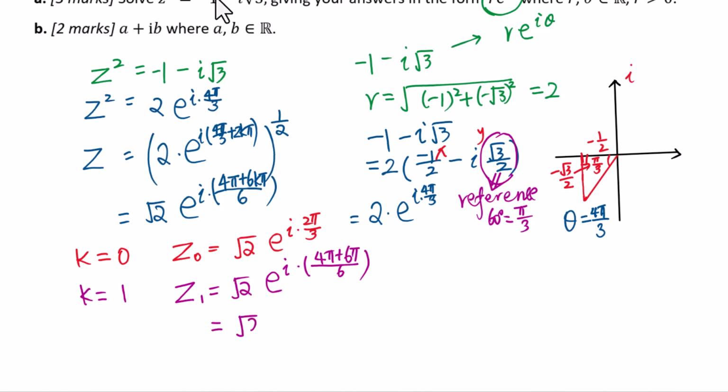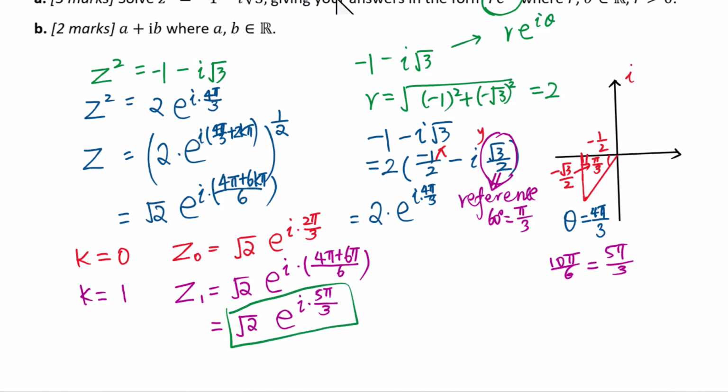Reduce: square root of 2 e to the power of i 10 pi over 6, which is 5 pi over 3. So we got two solutions.